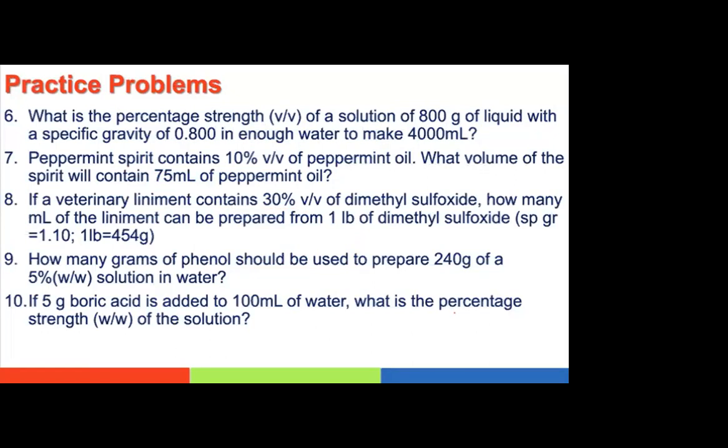Per 6. So ito, paghahalo-haloin na natin. May dimensional analysis, may ratio and proportion, may specific gravity density conversion. You try to answer.